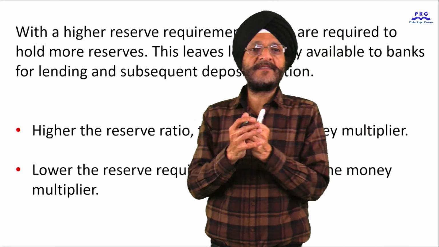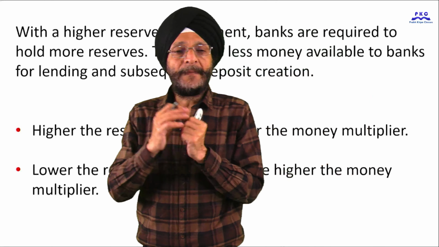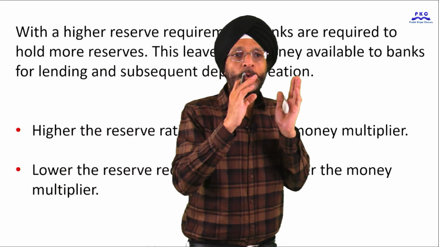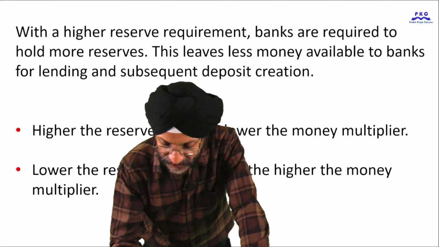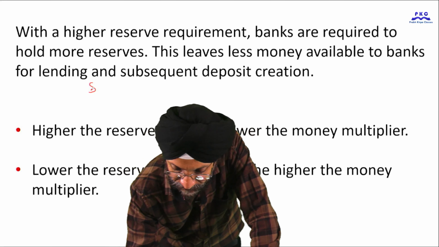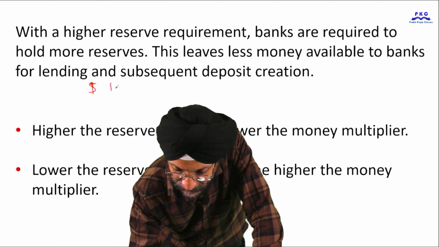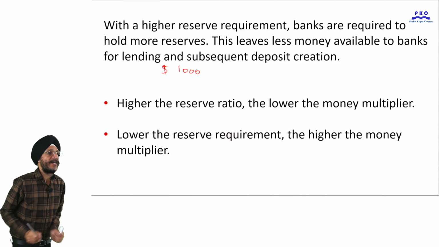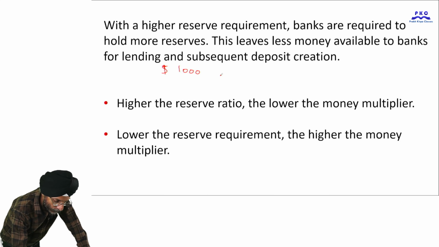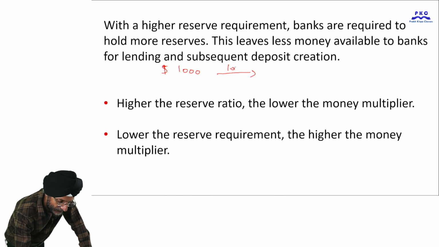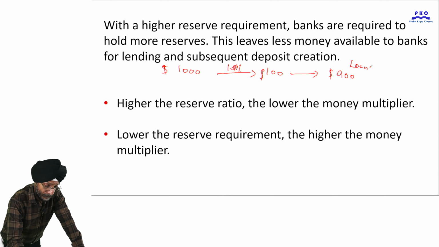With a higher reserve requirement, the banks are required to hold more reserves. What is this? Suppose a bank is having $1,000 as deposits. Suppose the reserve requirement is 10%. So the banks have to keep $100 as reserves and they will be in a position to give $900 on loan.